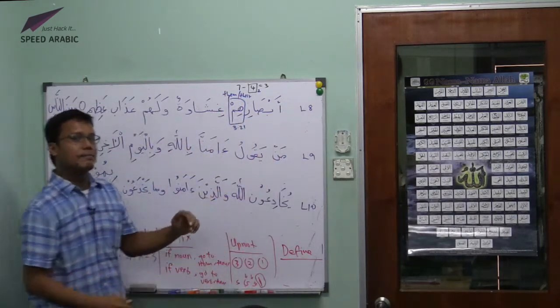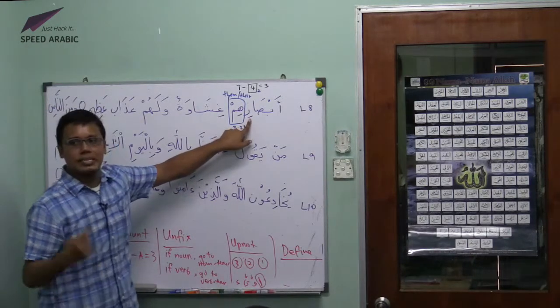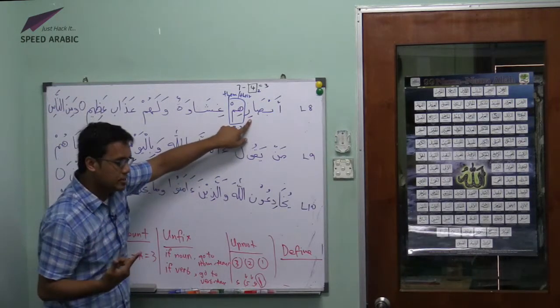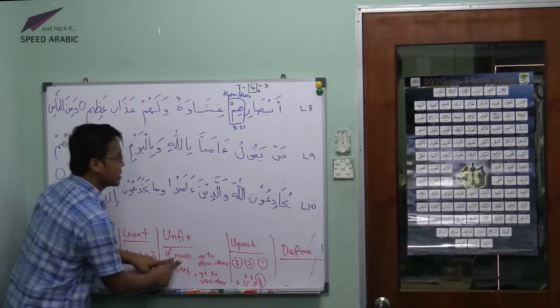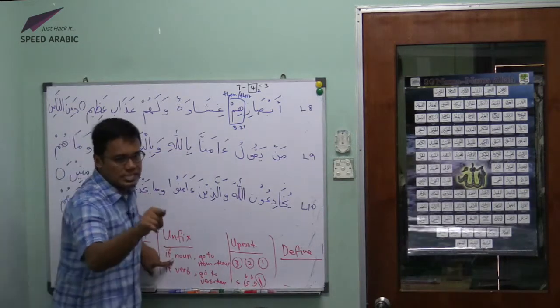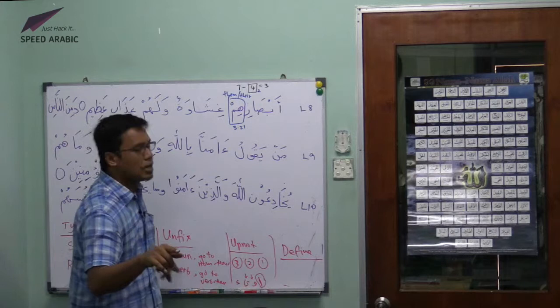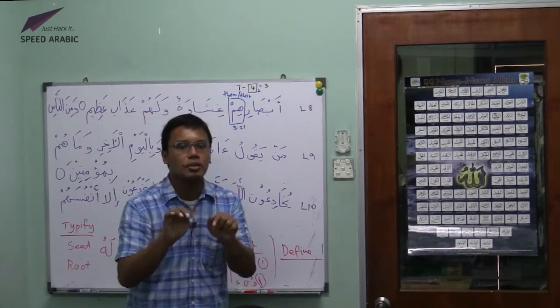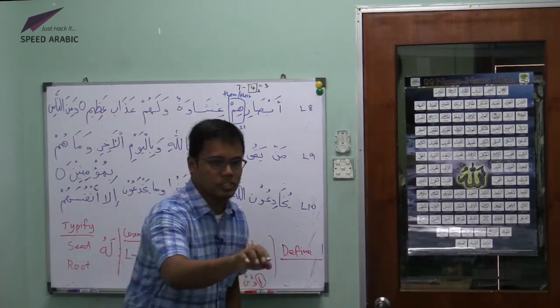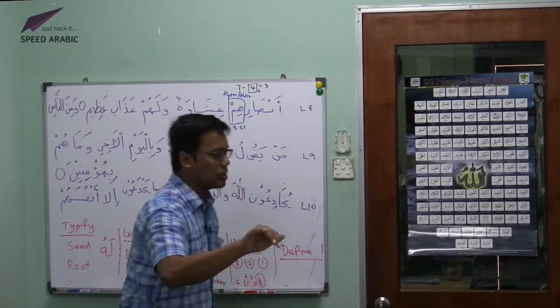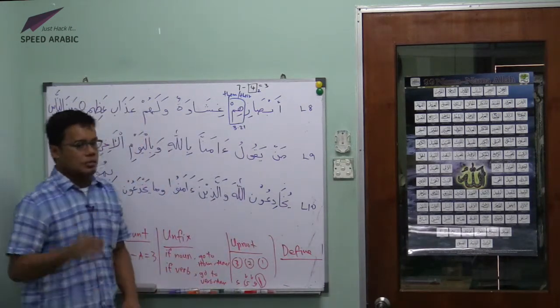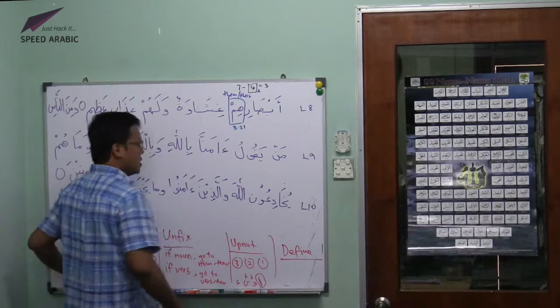If there's a kasrah at the end, what does it mean? It's a noun. So if it's a noun, you just limit your search in the noun column. Look at the condensed version, not that one, the new one. Shortcut.